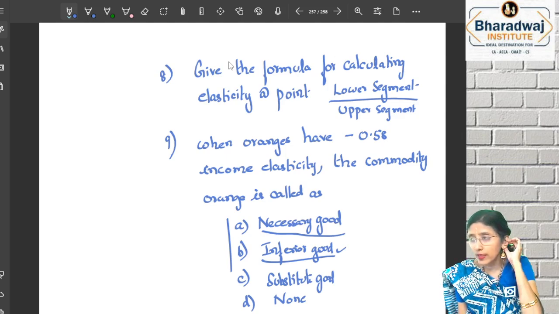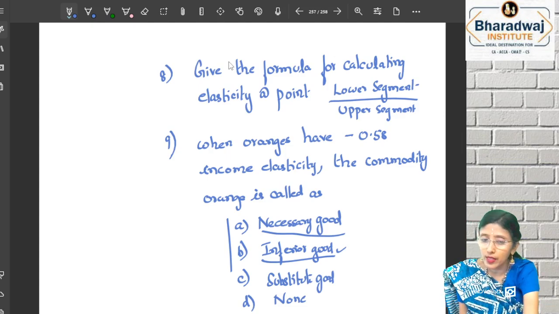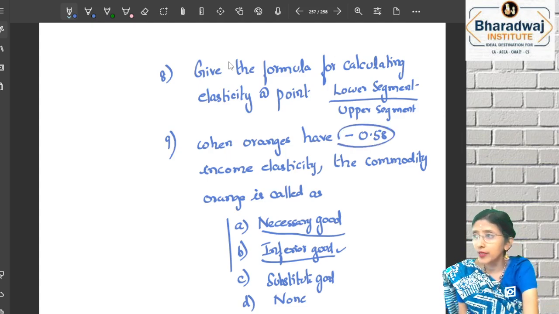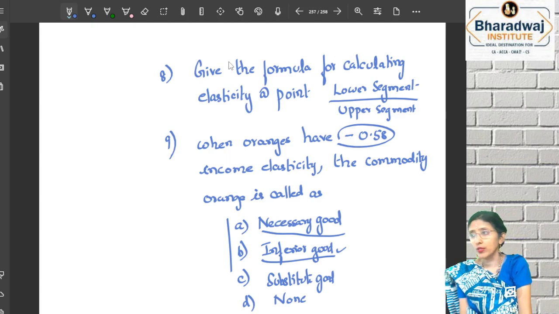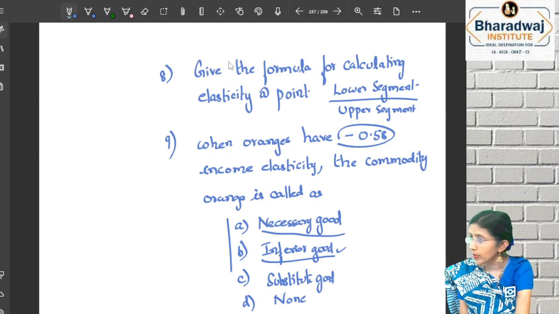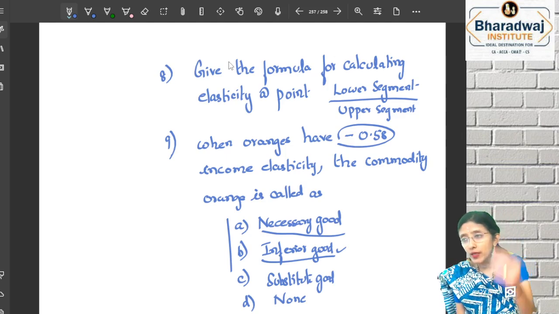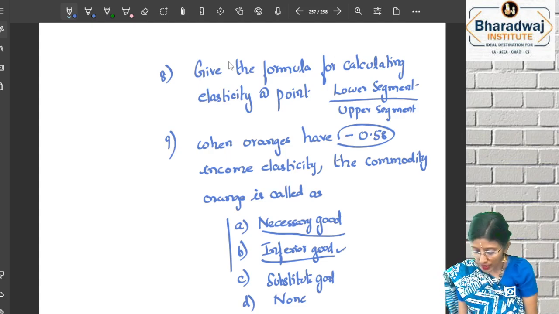They say that unless other details are given, a negative sign alone cannot determine the commodity. It happens to be orange, but we have no other details, so we cannot take substitute or inferior; we call it necessary. That is also there, but a little more vote is for inferior. So such sudden stalemate questions will also be there.